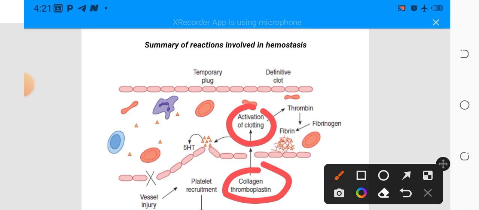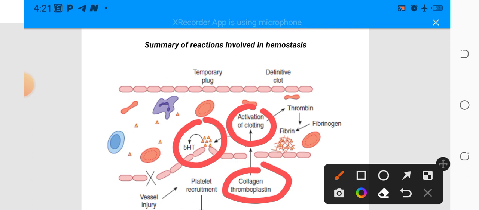What do I mean by activation? Platelets will now start to release serotonin, which is 5-HT, meaning 5-hydroxytryptamine. It will be released by the platelets. What does 5-HT cause? It causes vasoconstriction.